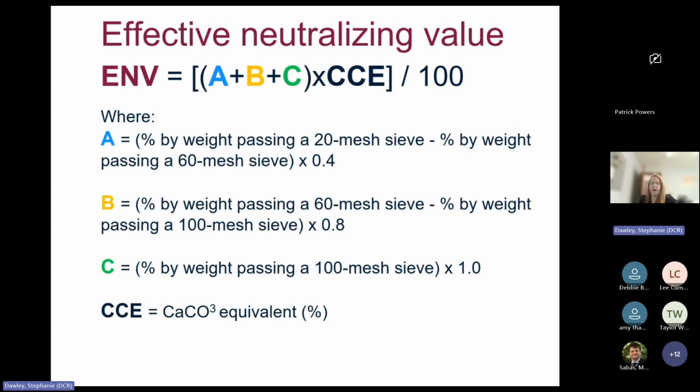We have a nice little chart that you just look at, but if you wanted to do it the old-fashioned way, you can look at effective neutralizing value, where A is the percent passing a 20 mesh sieve minus the percent weight of a 60 mesh sieve times 0.4, and you'll add that to B, which is percent weight of 60 minus percent weight of 100 times 0.8, and your C, percent weight of 100 times 0.1, times your CCE, which is your calcium carbonate equivalent, divided by 100, and that will tell you your ENV, but it will also generally be listed for you.